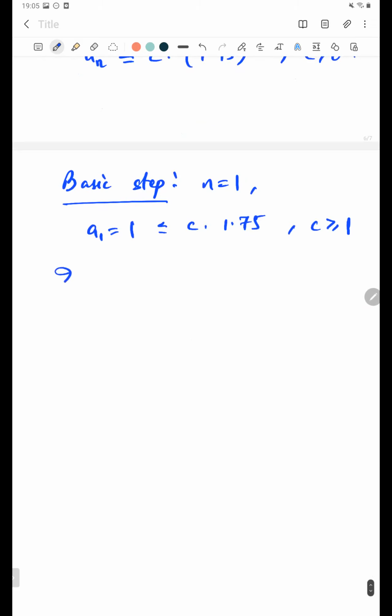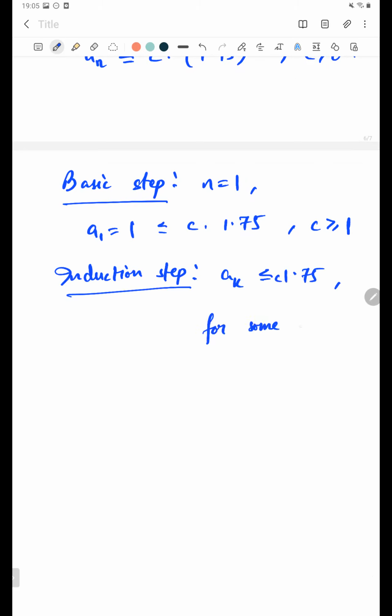Now for the induction step, let a_k be less than or equal to c times 1.75^k for some c greater than 0, and for all k less than or equal to n minus 1.